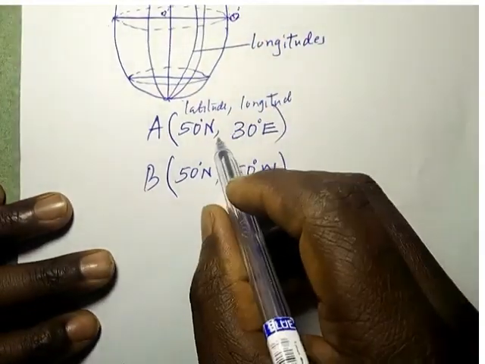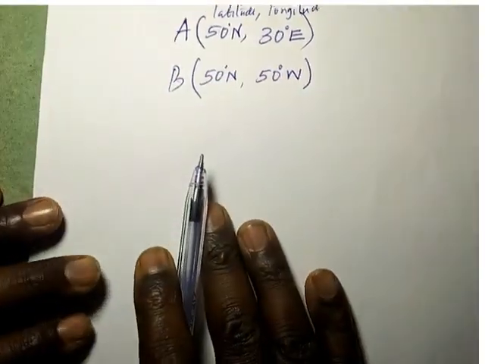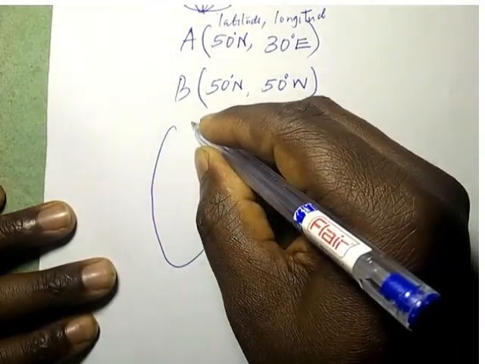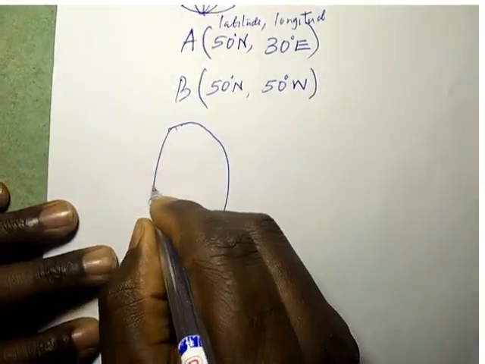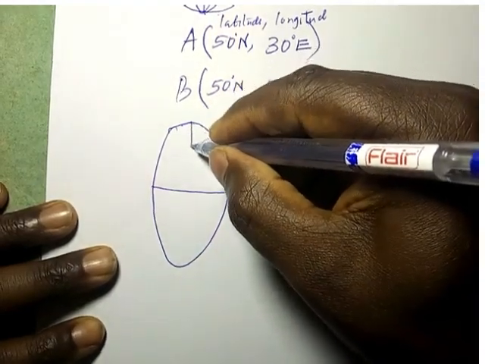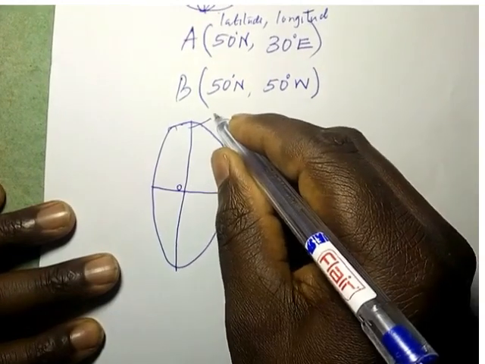So let us locate this place on the graph, these points A and B. To do that, draw a sketch. First, put the equator, 0 degrees. Second, put the Greenwich meridian, which is 0 degrees.